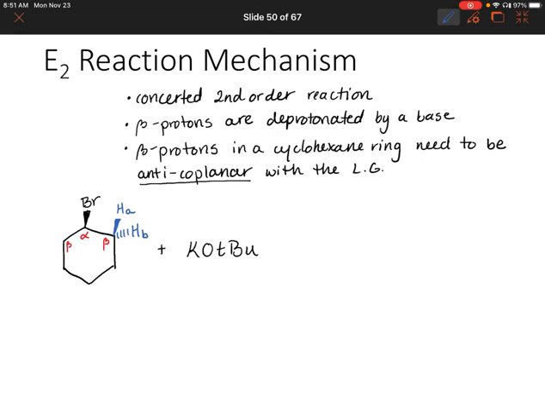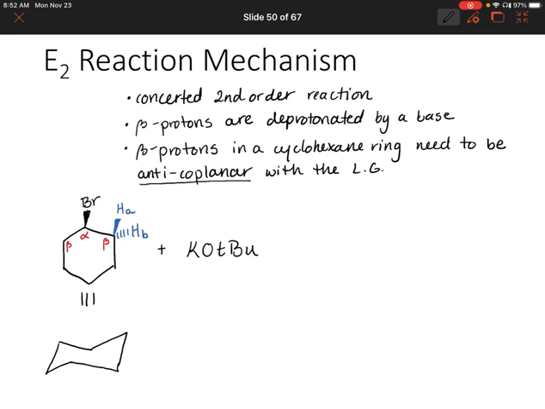And let's redraw this molecule in a chair conformation, because that will help us to figure out which hydrogen is anti-coplanar to the leaving group.